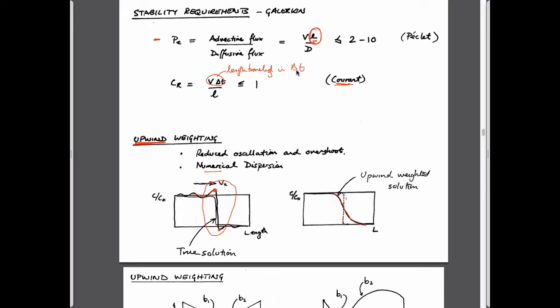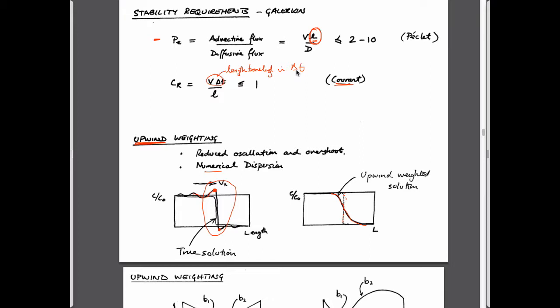If you have a front that's moving at some velocity v, and over delta t it travels this length, and that length happens to be longer than the length of the element, which is in the denominator, then the element physically hasn't seen that pulse. It's gone from upstream to all the way downstream in the time of one time step of your solution.